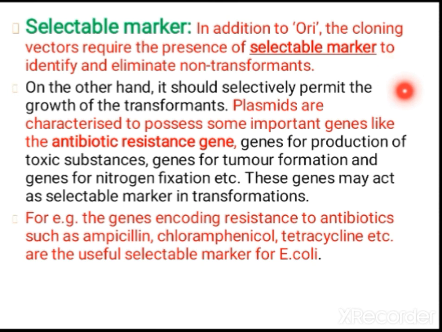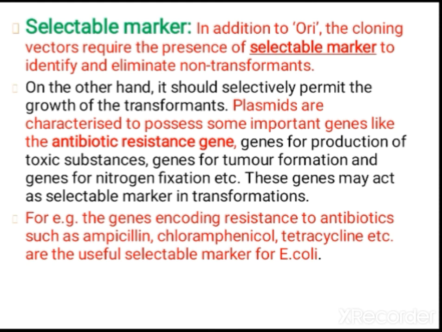By using the marker, we can identify transformants from non-transformants, where we have introduced the new gene or not. When we introduce the desired gene, we call them transformants. In non-transformants, the transformation has not occurred, so the new gene won't be there. So easily by using the marker, we can identify.